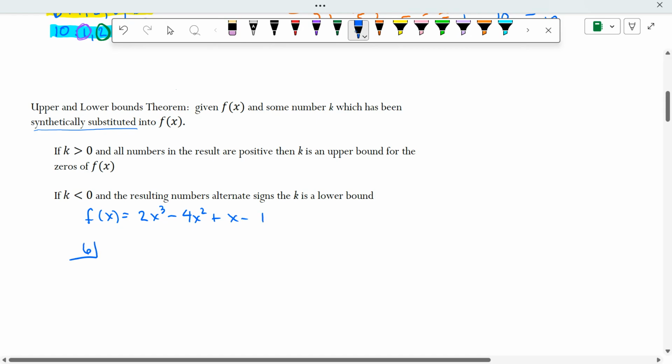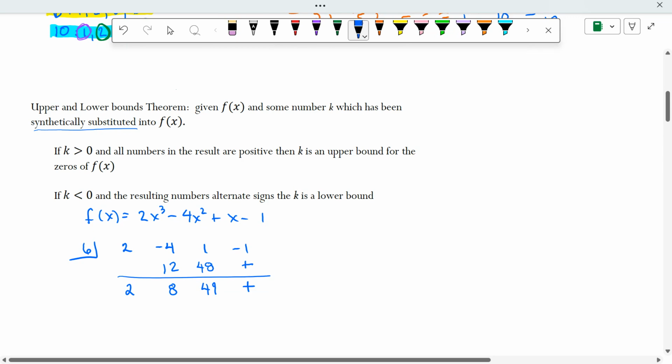And then let's just test 6 into 2, negative 4, 1, negative 1 using synthetic division. 2 times 6 is 12. 12 plus negative 4 is 8. 6 times 8 is 48. Plus 1 is 49. 6 times 49 is going to be a much larger positive number than negative 1. And I see that this is now positive.